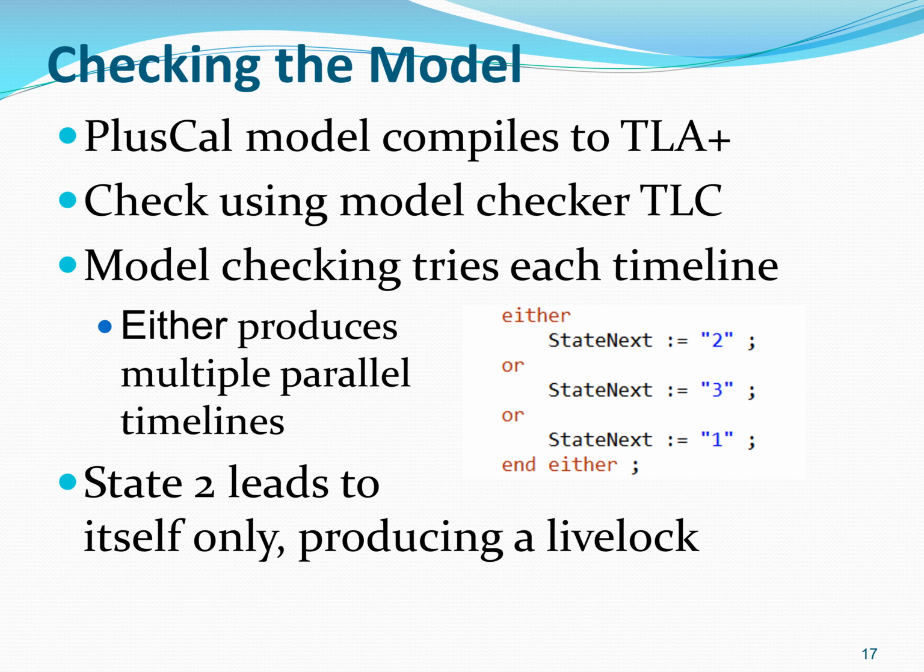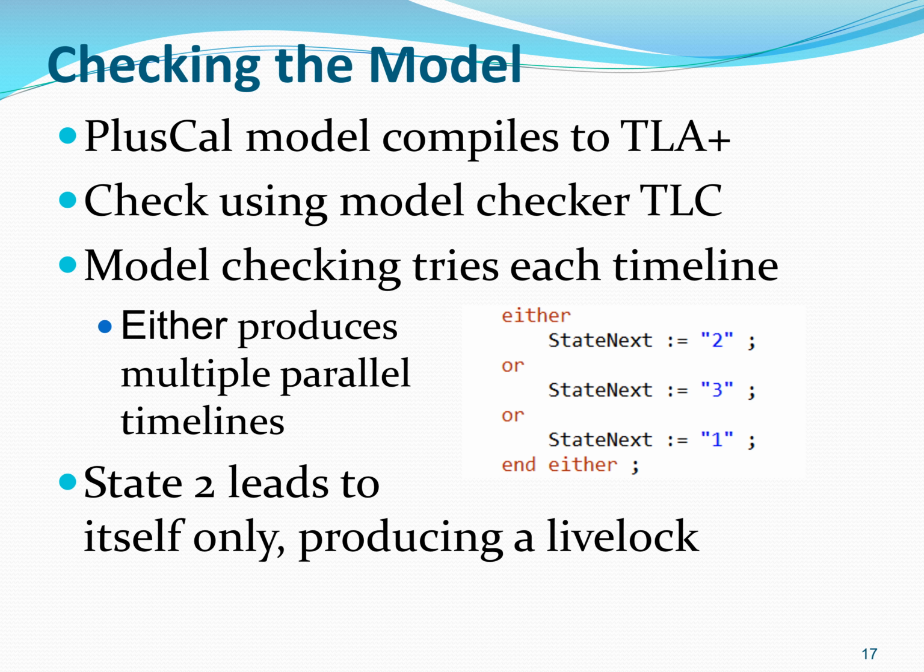We check the model by first compiling that PlusCal model to TLA Plus, which is done automatically using the graphic tool. And then we check that TLA Plus model that's generated from the PlusCal model using the model checker TLC. The model checker tries each possible timeline through the system, and so instead of stepping through the system one time, it's going to step through it many times.